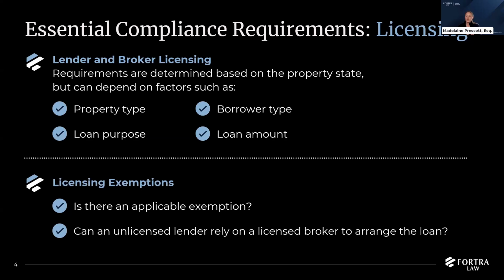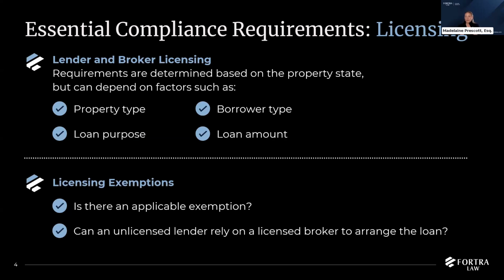But noting that even if you are required to have a license, there are many exemptions that can exist. A very, very common one is an unlicensed lender using a licensed broker to arrange their loan. California is a great example of this. They do require both lender and broker licensing, just as a good general rule of thumb.